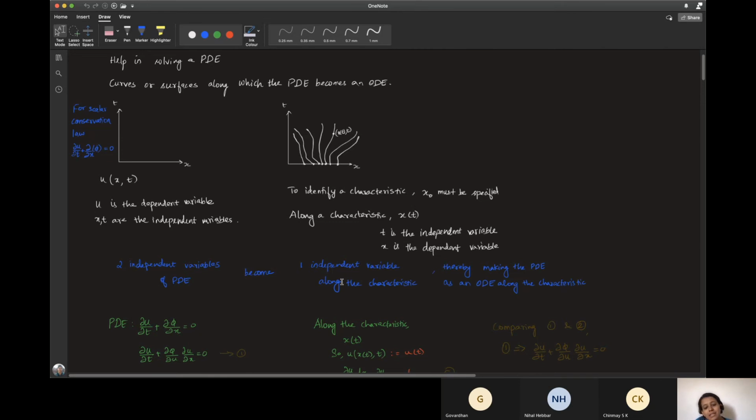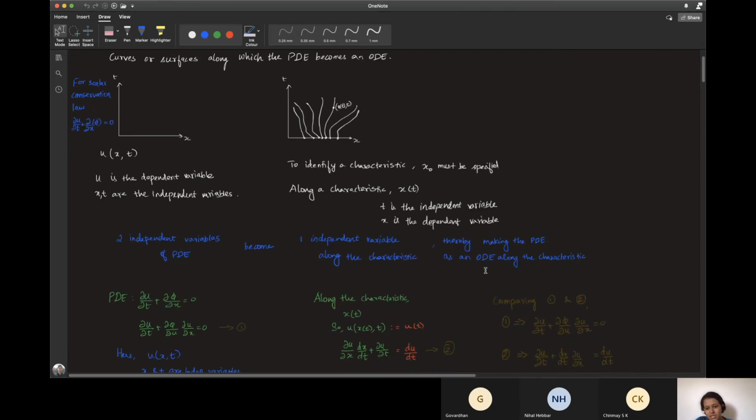So this helps us in writing the PDE as an ODE just along the characteristic. So along the characteristic, you just have one independent variable and you are able to write the PDE as an ODE. So that is what is the basic idea here.